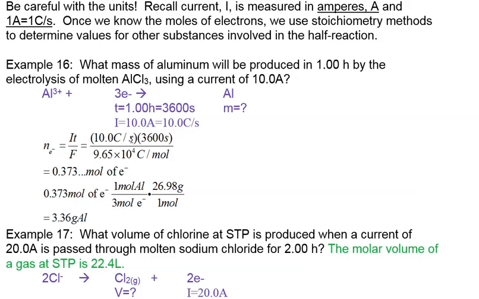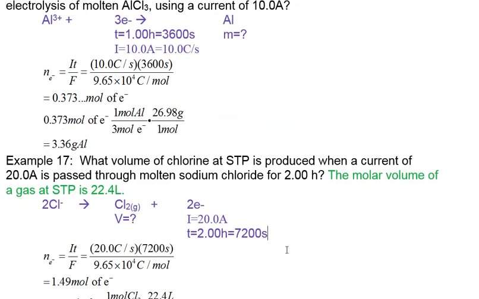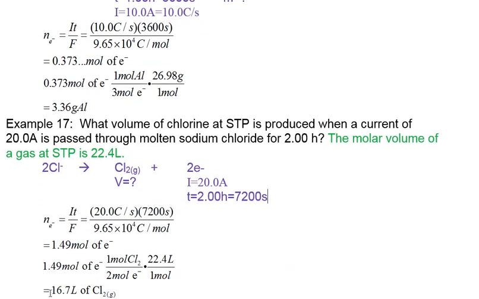This one up here, our time was an hour, and it only produced 3.36 grams. This one's 2 hours, and it's producing 16.7 liters. So we're not getting huge amounts produced in a fairly long time when we're talking these kind of currents. These are kind of slow reactions at these low currents.